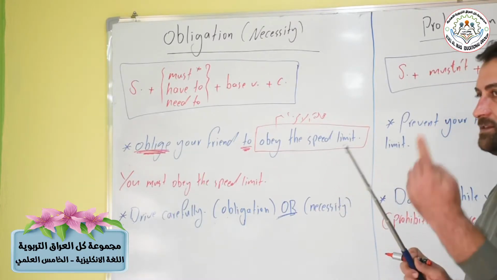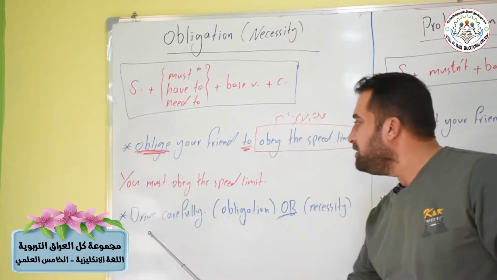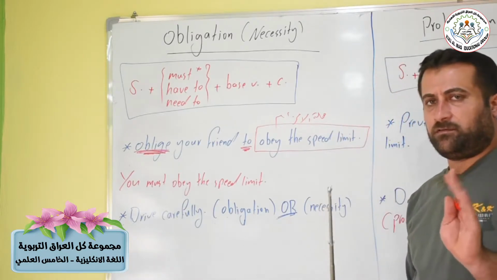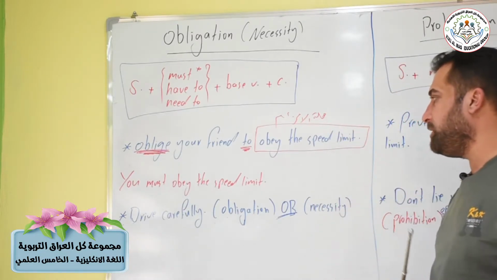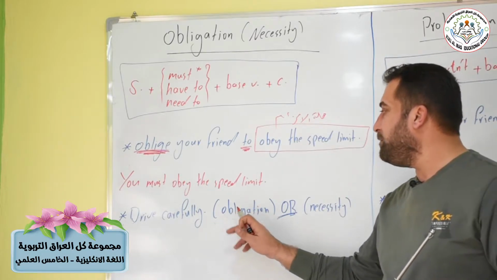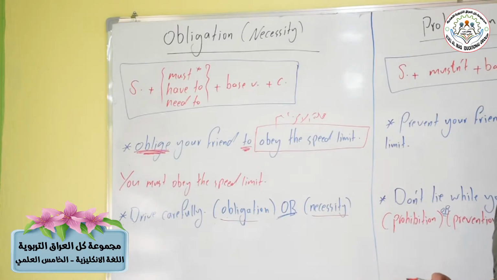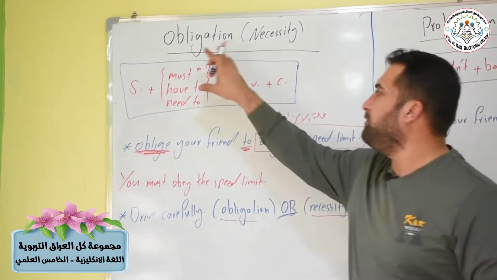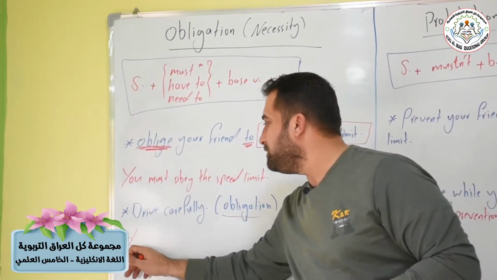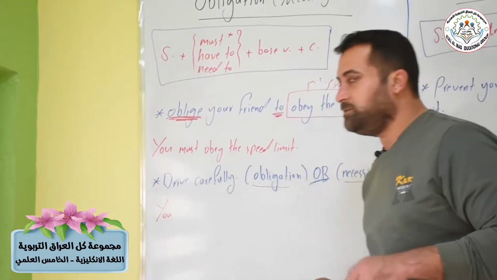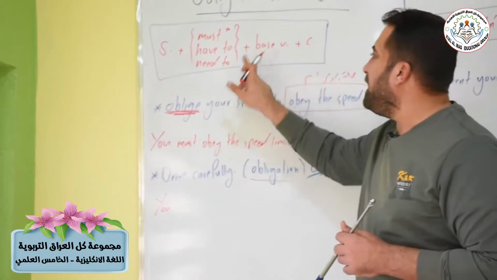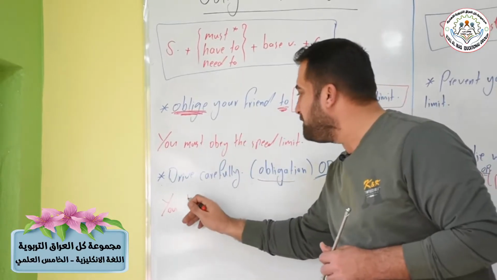The second form of a question: drive carefully. This is an order. Obligation, إلزام, or necessity, ضرورة. How to make obligation or necessity? In the same form. Subject you, must or have to or need to. We can use have to.